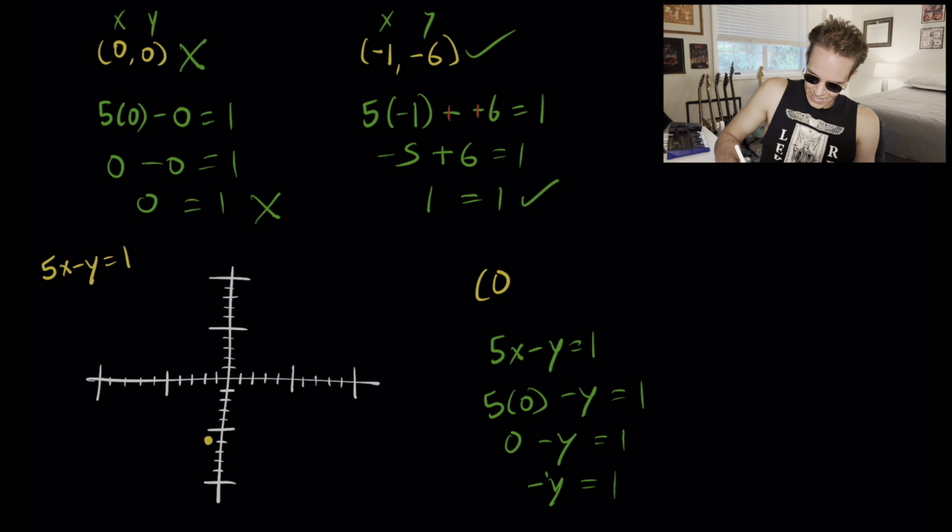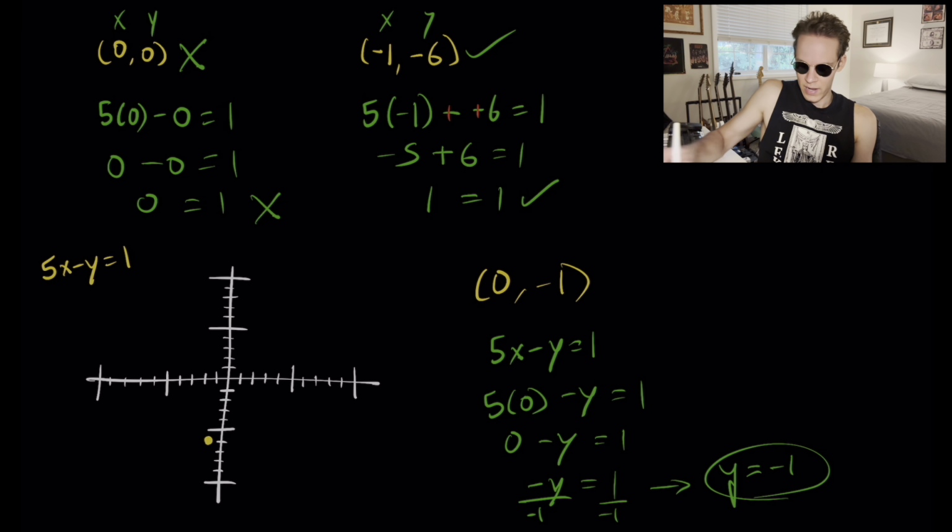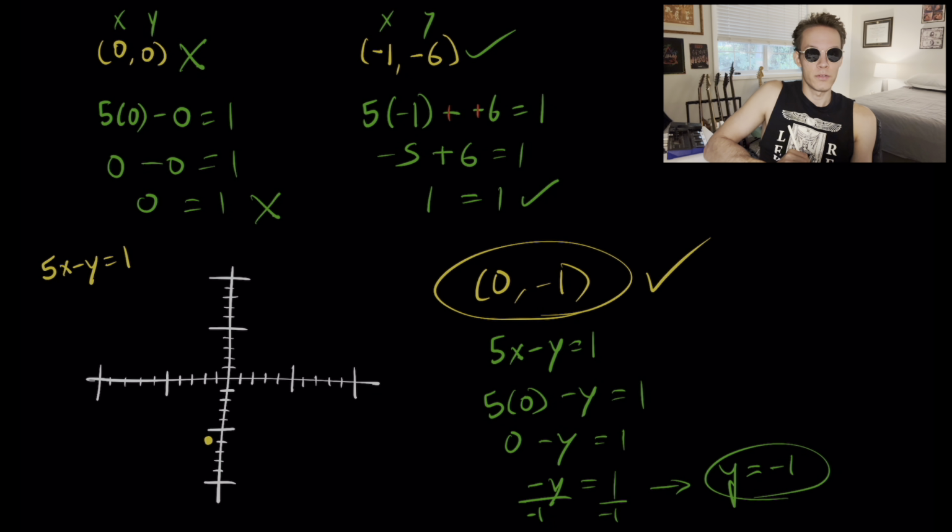We know that there is a negative 1 sitting in front of that y because there's a negative sign. So I can just divide both sides by negative 1, and I'll get positive y is equal to negative 1. So there is the missing y value for our solution where x equals 0. So you can see we randomly chose a value for x, plugged it in, solved for that missing value of y, and we have now created another solution to 5x minus y equals 1.